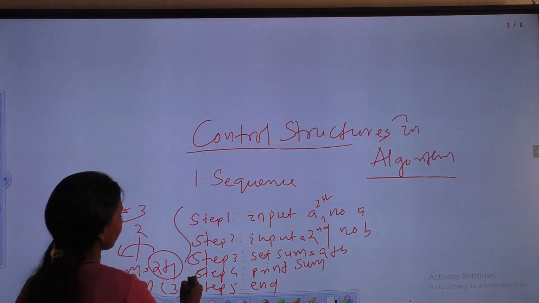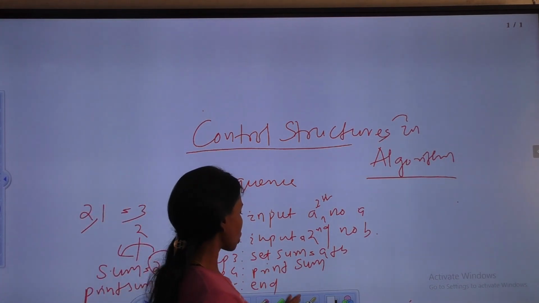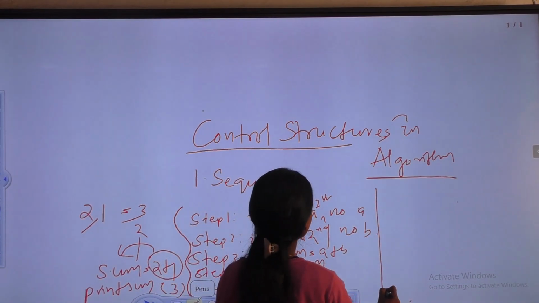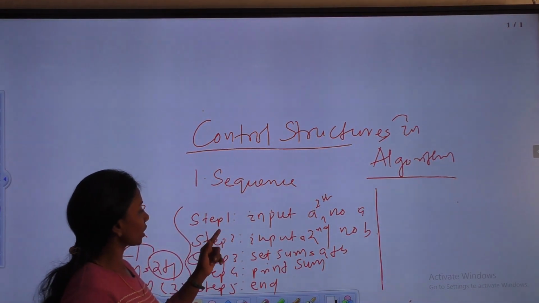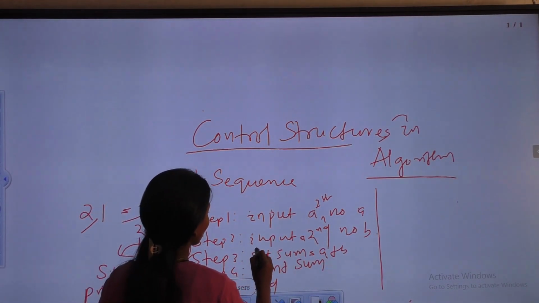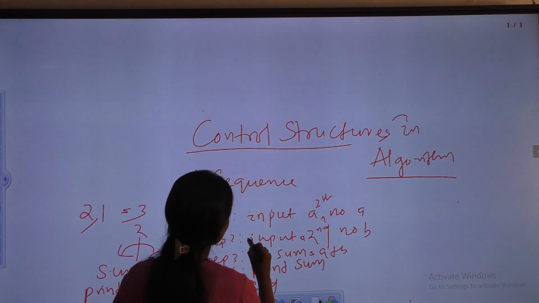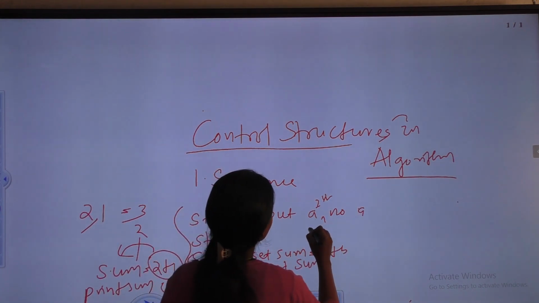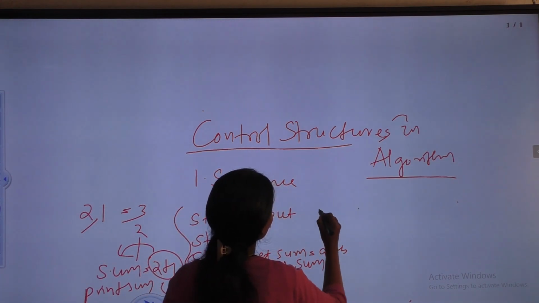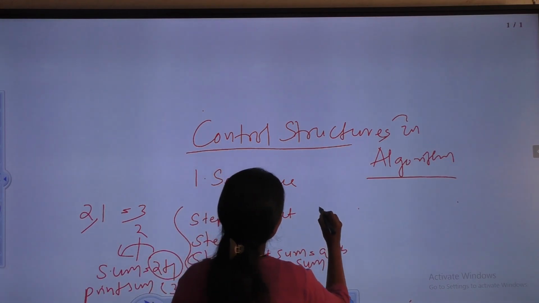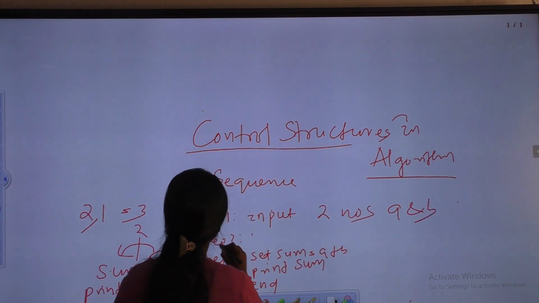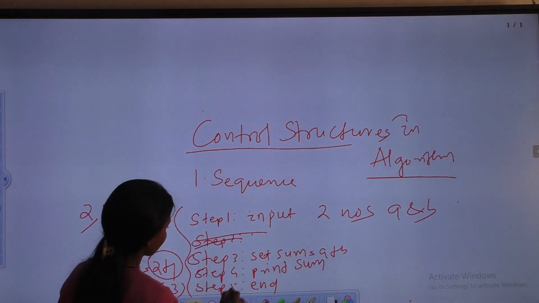So see here, this is the 5 steps. You can write this in 4 steps only. This is step 1, this is step 2. Suppose instead of writing this in separate steps, I write, input 2 numbers A and B, as step 2.